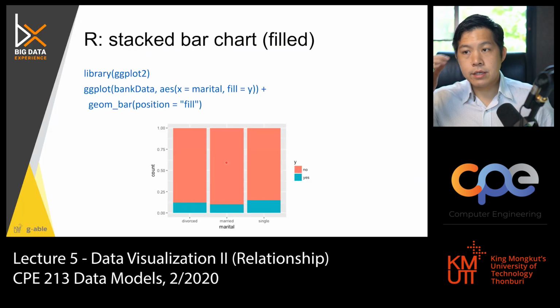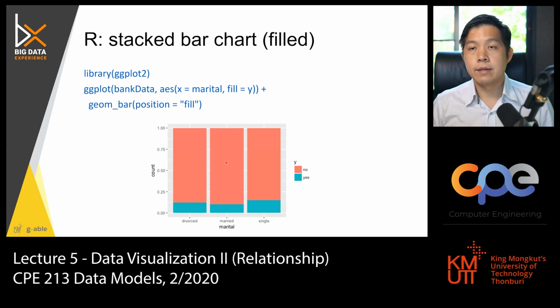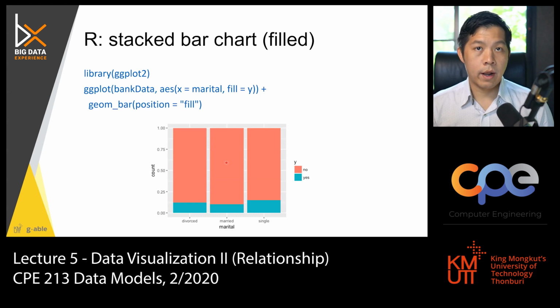Now, the stacked bar chart can be arranged in different ways. So instead of viewing it as an absolute value, the actual count of occurrences, you can scale the y-axis to 0 and 1, and that scaling will change the stacked bar chart into the fill stacked bar chart.